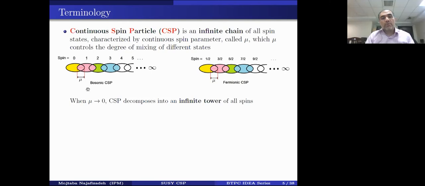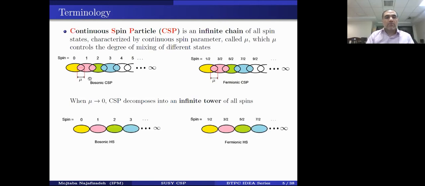Here, when mu goes to 0, CSP decomposes into an infinite tower of all spins. You see, when mu goes to 0, this decomposes into a bosonic higher spin.